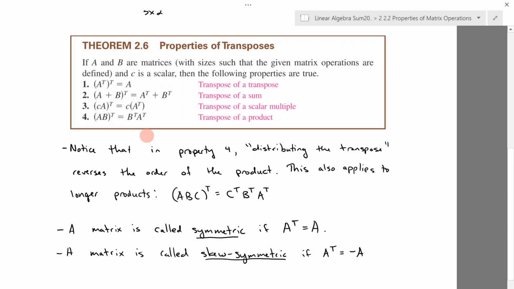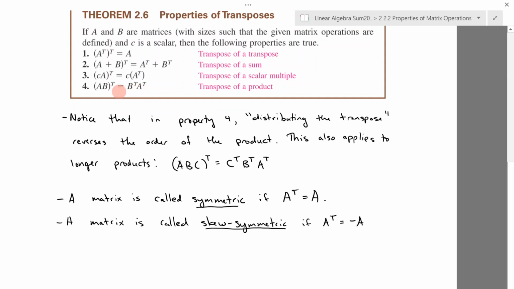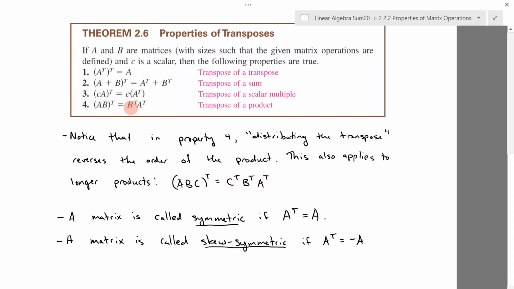So distributing the transpose reverses the order of the product. This also applies for longer products. If I have A times B times C and then take the transpose, it is the same as C transpose times B transpose times A transpose, where the order of the individual matrices is reversed. So be careful about products, as usual with matrices.